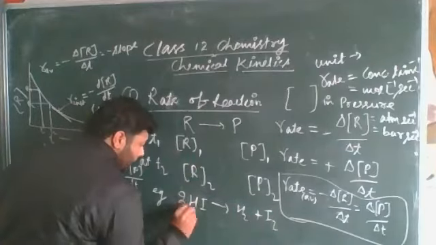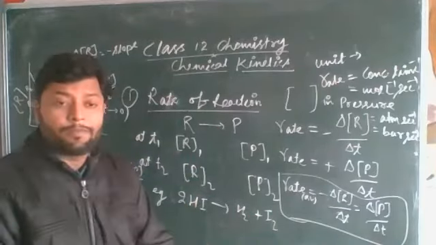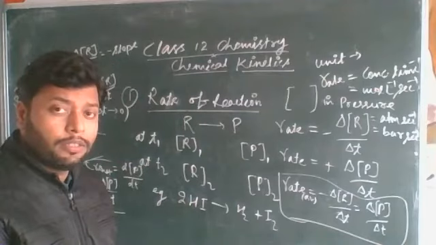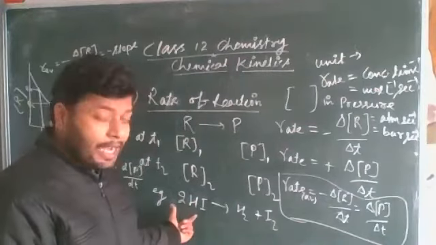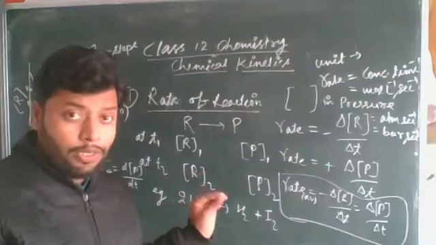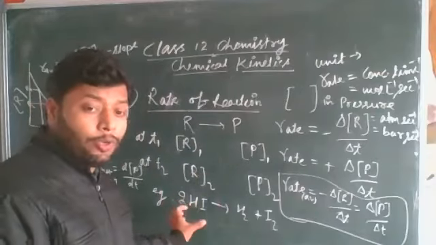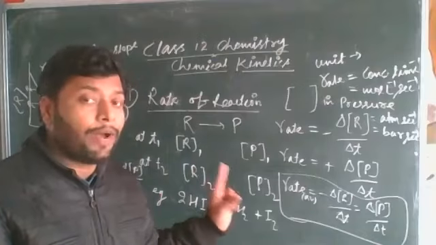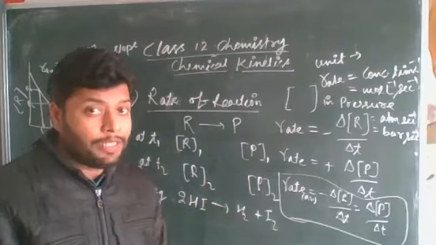Look at this reaction. What you can see is that when 2 moles of hydrogen iodide are consumed, there will be production of 1 mole of hydrogen and 1 mole of iodine.